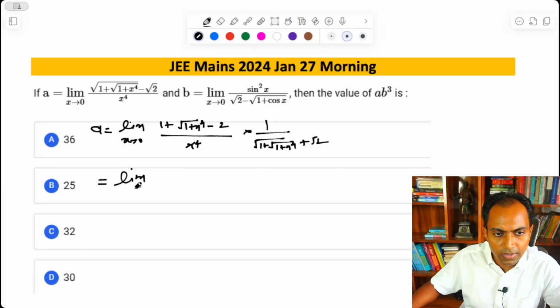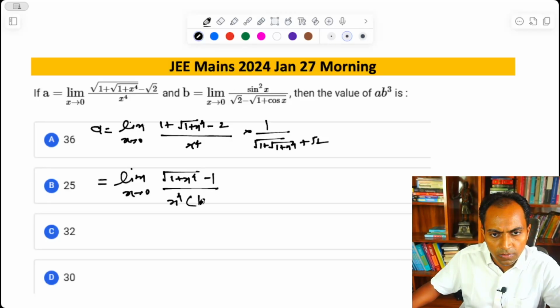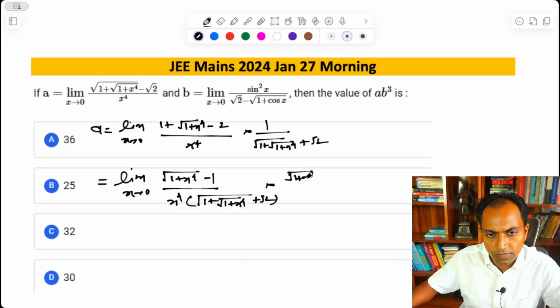So limit x tends to 0. This will become root of 1 plus x raised to the power 4 minus 1 by x raised to the power 4, and root of 1 plus x raised to the power 4 plus root 2. And now again we can rationalize using root of 1 plus x raised to the power 4 plus 1.